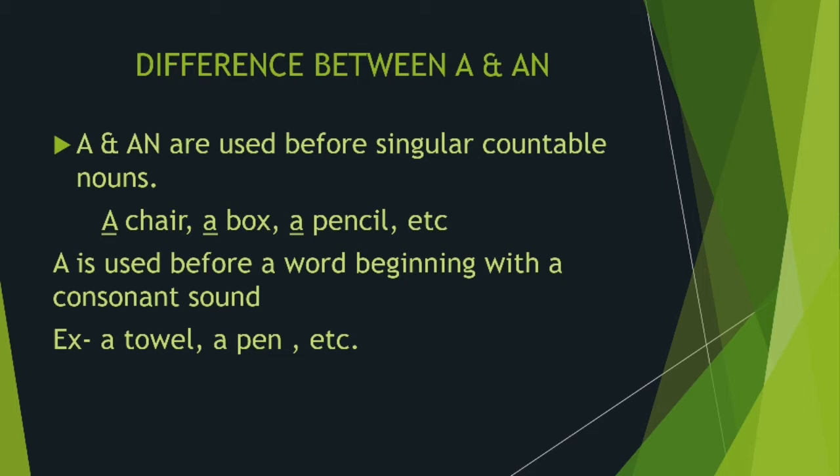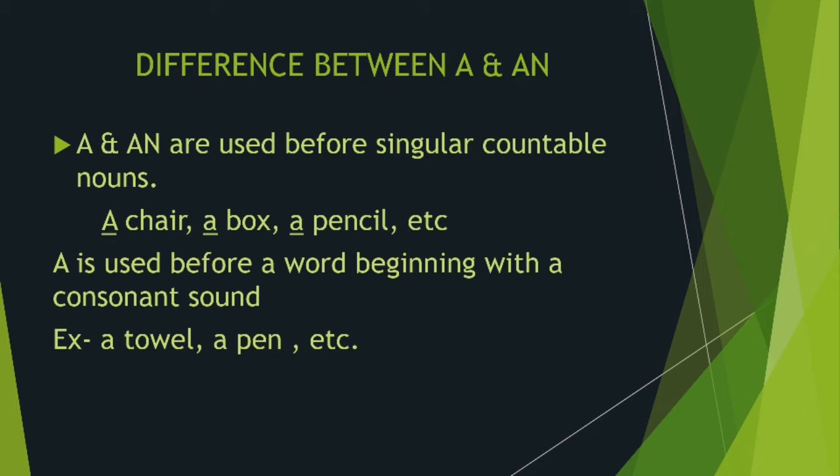Okay, and one important thing, a is used before a word beginning with a consonant sound. A हमेशा उस word के साथ use होगा which is starting with a consonant sound. Now you all know what are consonants, right?